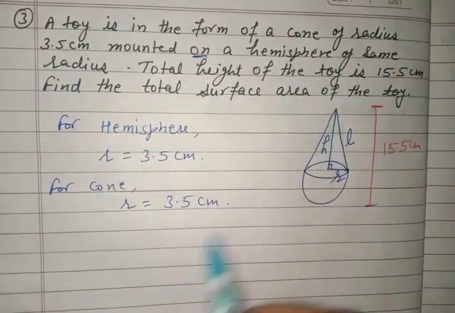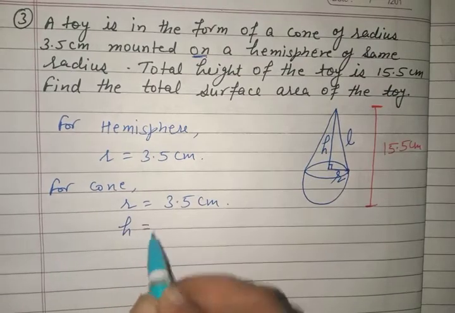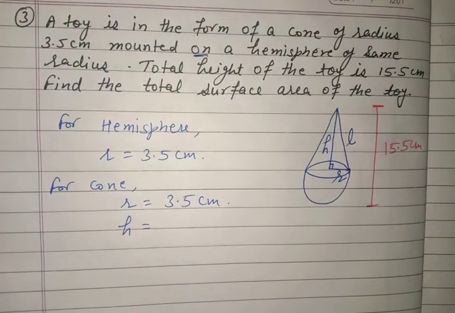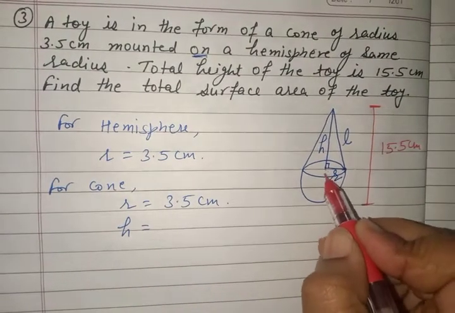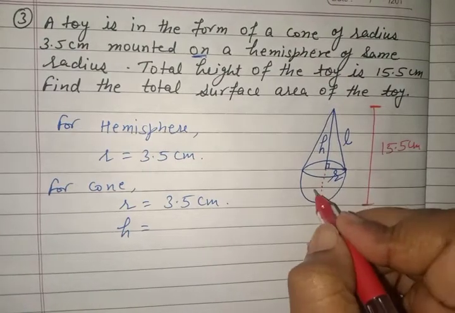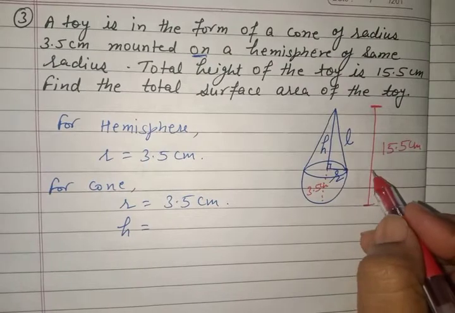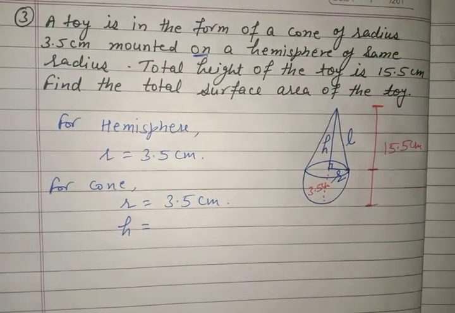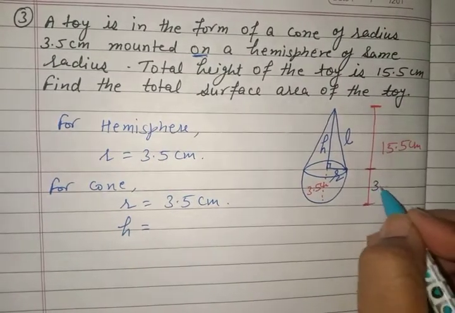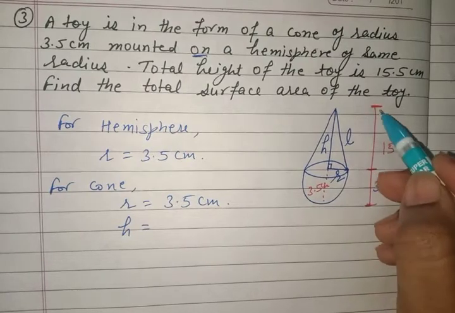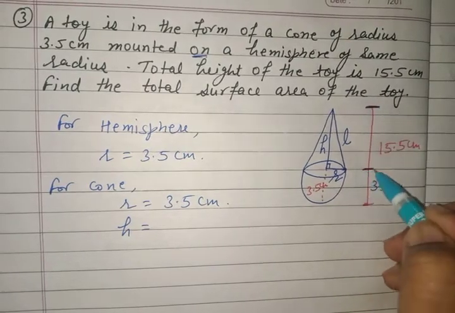Total height of the toy, so height of cone is, you can see easily that this radius of hemisphere is 3.5. So if we minus this part which is 3.5, then we will get height of cone.